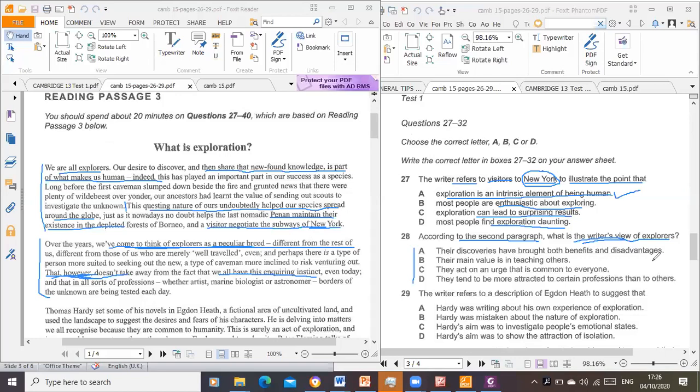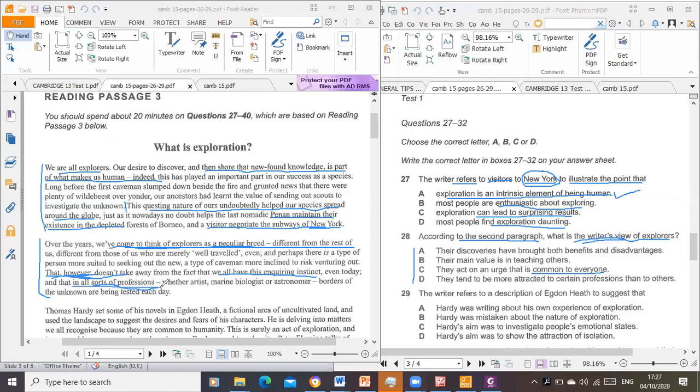They act on an urge that is common to everyone. They tend to be more attracted to certain professions. He mentioned professions, but he never said they are attracted to just a particular profession. He said even today, in all sorts of professions.